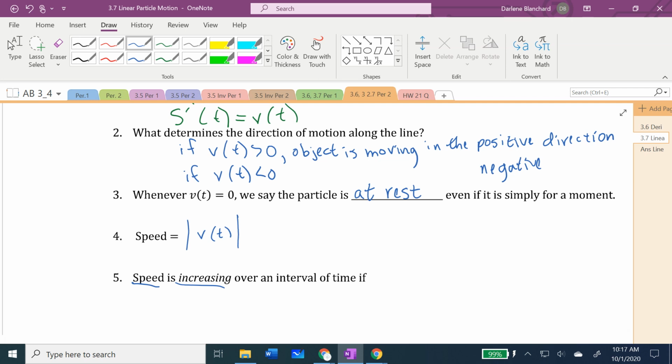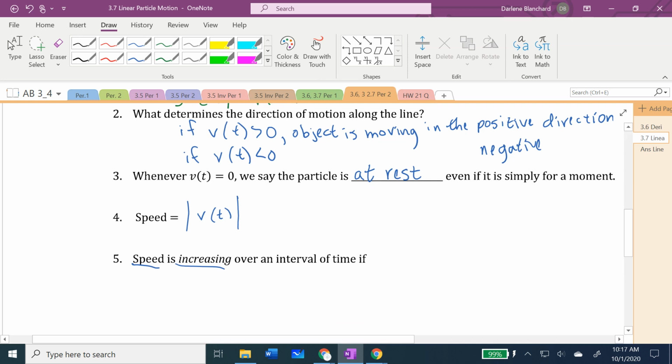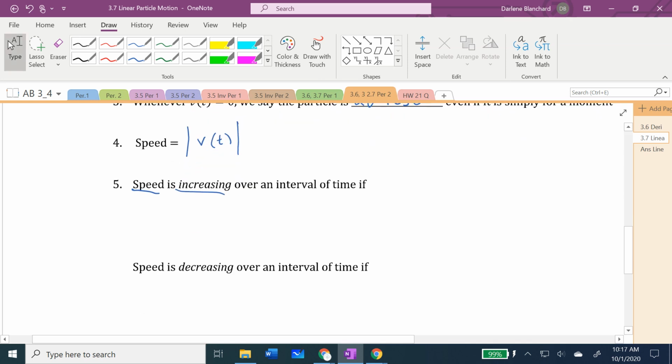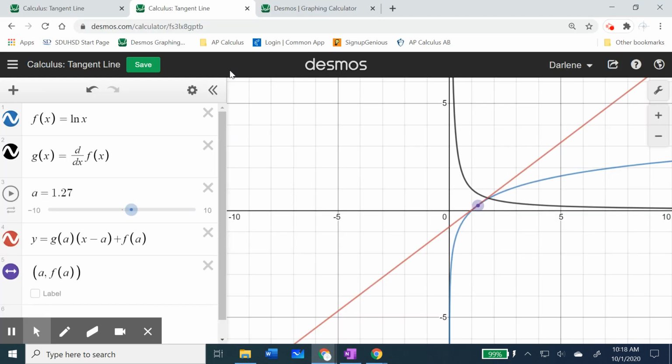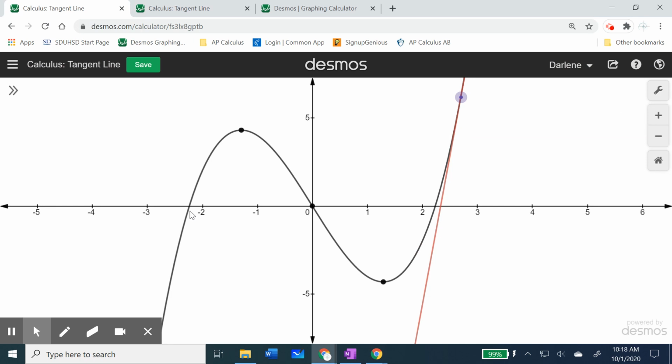Read all the words. Okay, so if speed is the absolute value of velocity, then if I'm looking at speed increasing versus decreasing, I want to take the positive and negative out of velocity. And this is where I'm going to go to Desmos. I have a nice little function ready to go to talk about these different aspects.